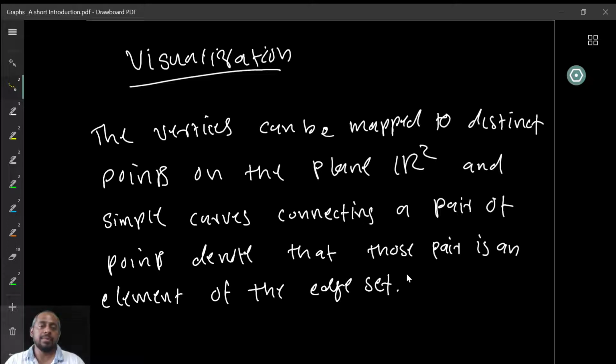So for this, what we do is that we map the vertices to distinct points on the plane, and then whenever a pair is in the edge relation, we connect them using a simple curve or a line segment on the plane, right? So then what we see is precisely an alternate representation of the same graph that we are looking at.